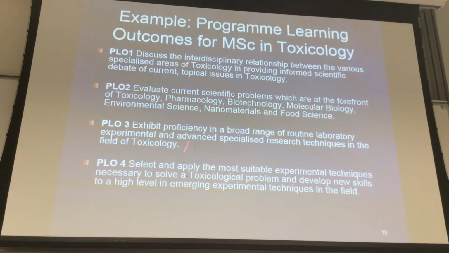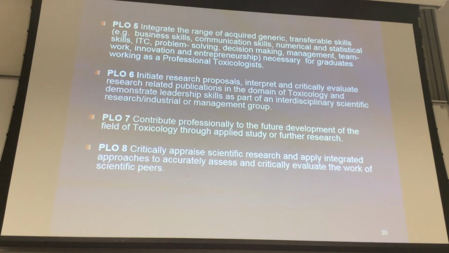Learning outcome 2, evaluate. Program number 2, proficiency. Program number 4, select and apply. Program learning outcome 5, integrate, initiate research. That would be important. Contribute professionally, critically appraise. Okay, so the masters had 8 program learning outcomes.